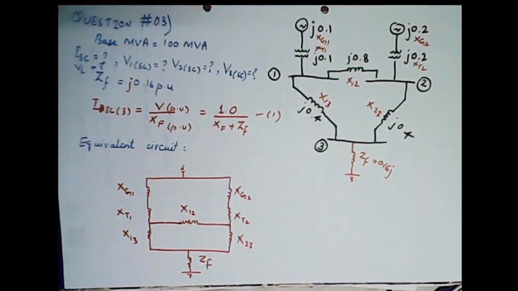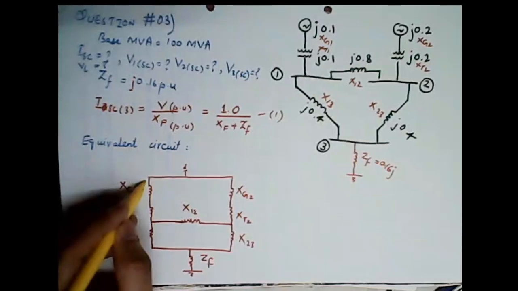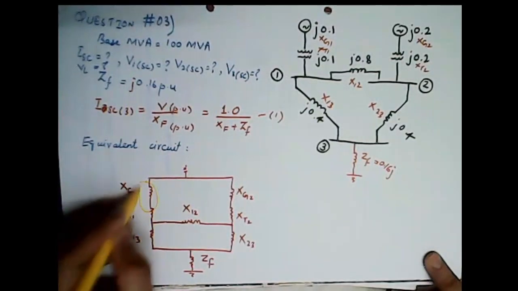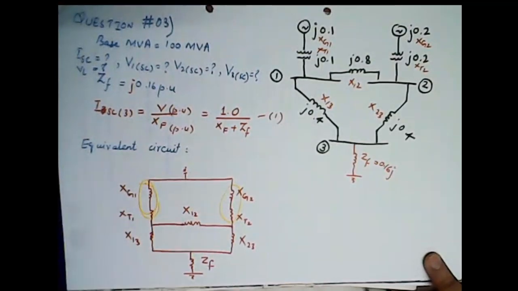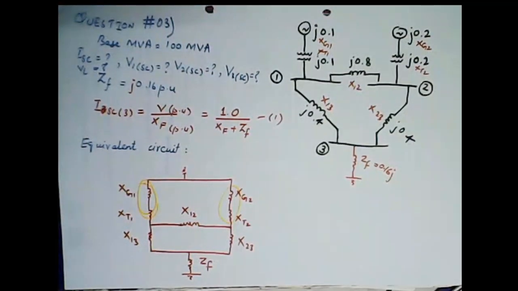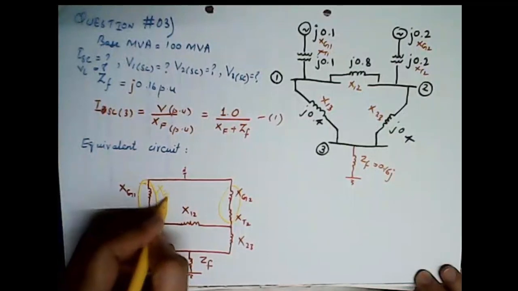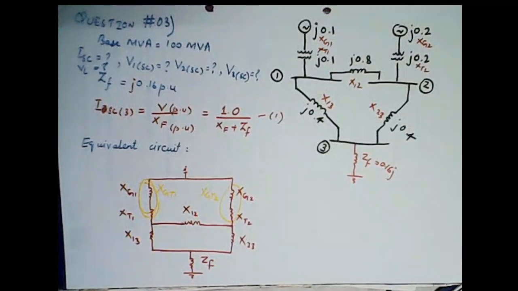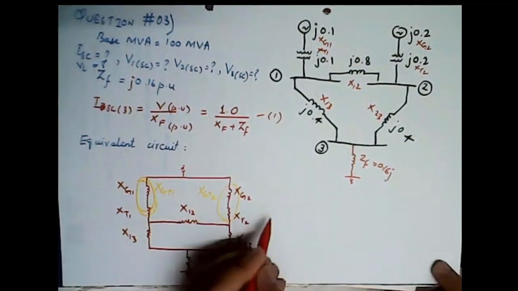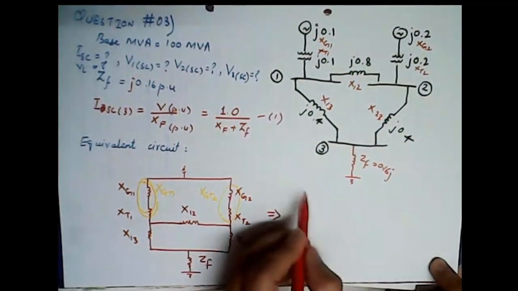First we can see that these two reactances and these two, they are in series, so let's solve them out, right? So let's name them as xgt1, xgt1 meaning generator plus transformer, and xgt2. So now our equivalent circuit will look like this.